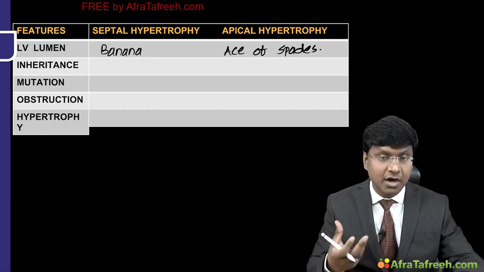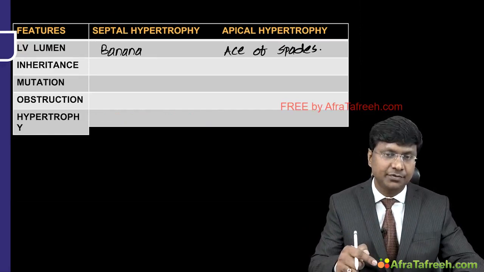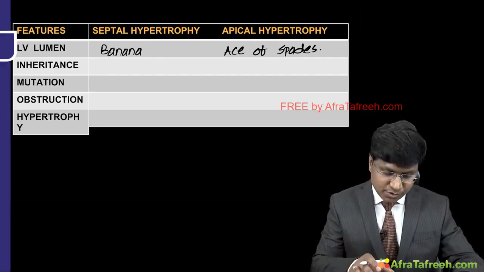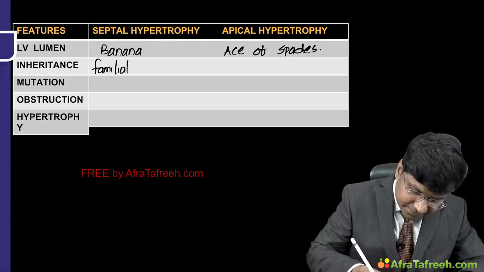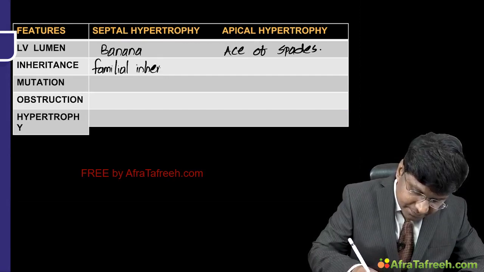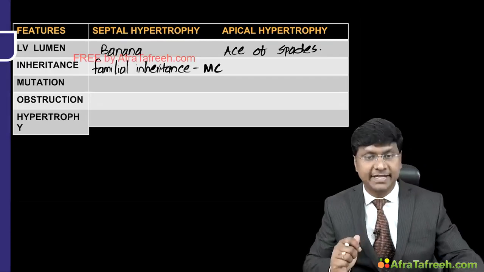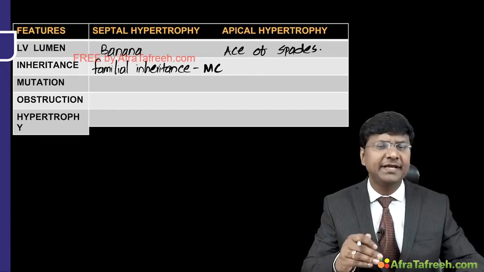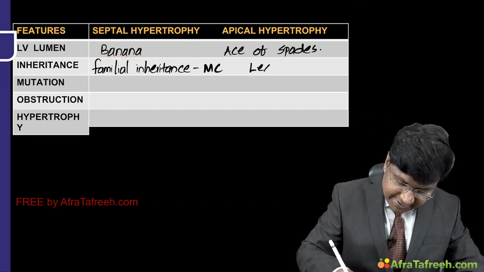But in how many individuals is inheritance causing septal hypertrophy? In almost 50% of patients. So familial inheritance is more common in septal hypertrophy, but familial inheritance in apical hypertrophy is less often.